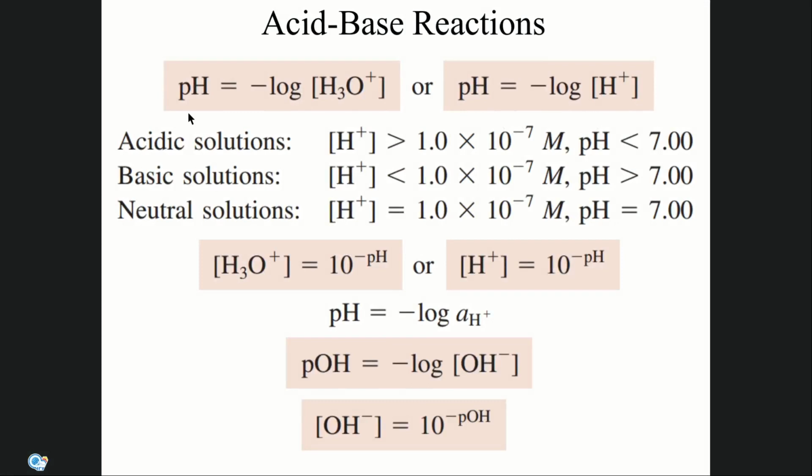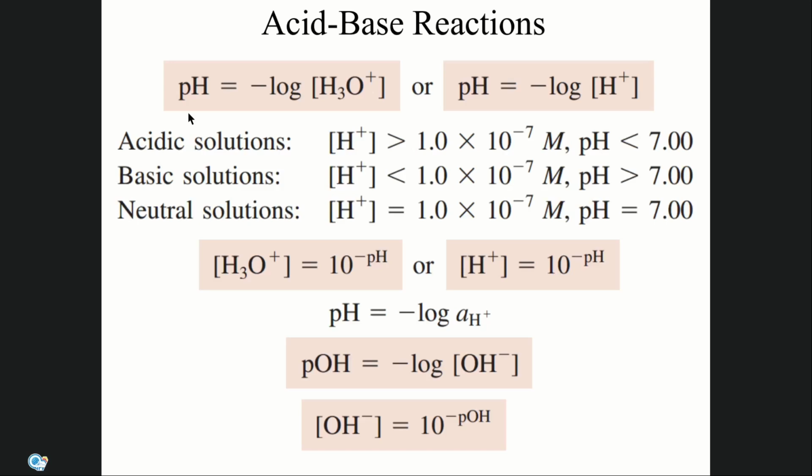Keep in mind that the equation is simply a definition designed to give us convenient numbers to work with. The negative logarithm gives us a positive number for pH, which otherwise would be negative due to the small values of the concentration of H plus.